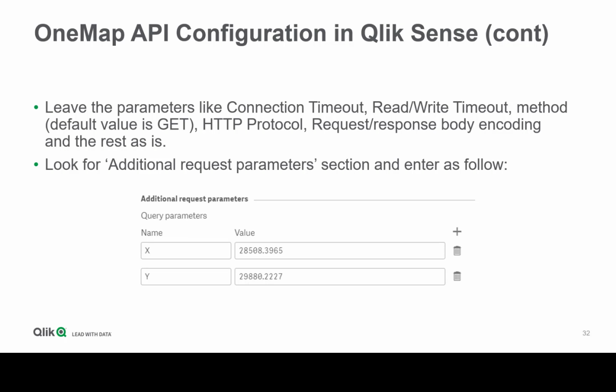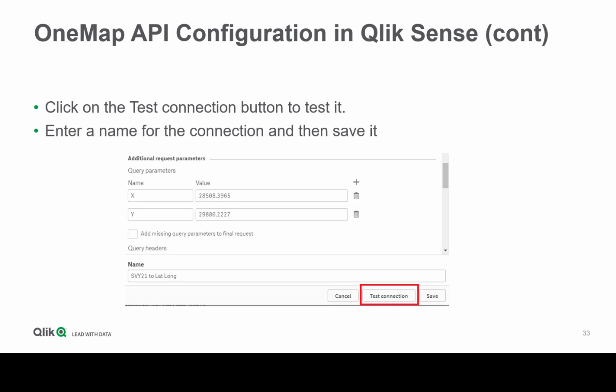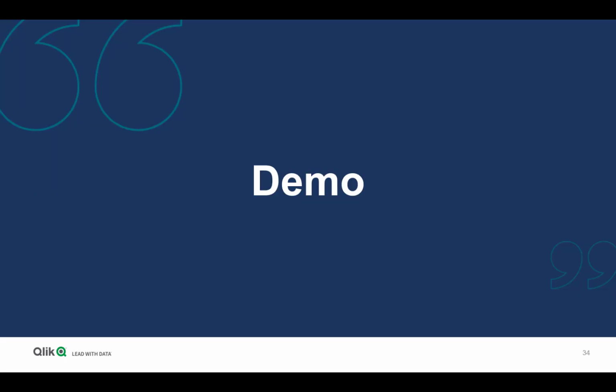Look for the additional request parameters section and enter as follows. You can click on the Test Connection button to test it. If it is working, there will be a pop-up window to inform you that the connection succeeded. You may enter a name for the connection and then save it by clicking on the Save button.